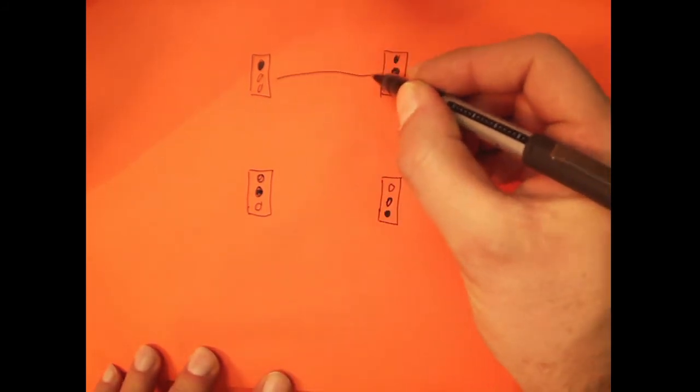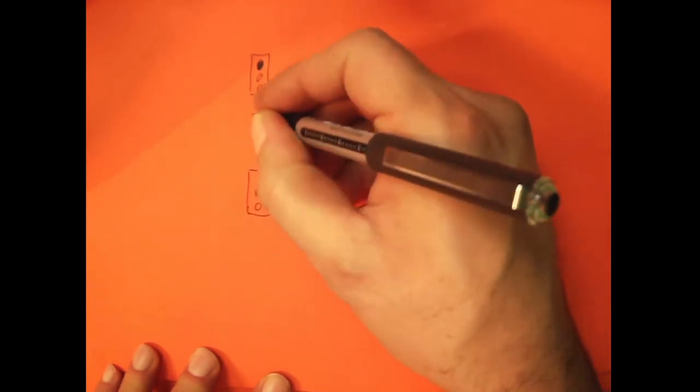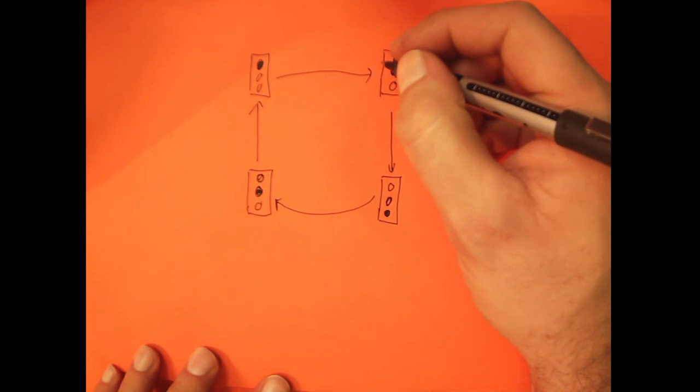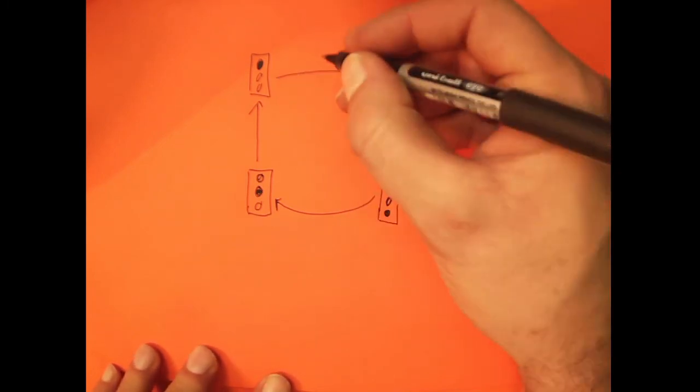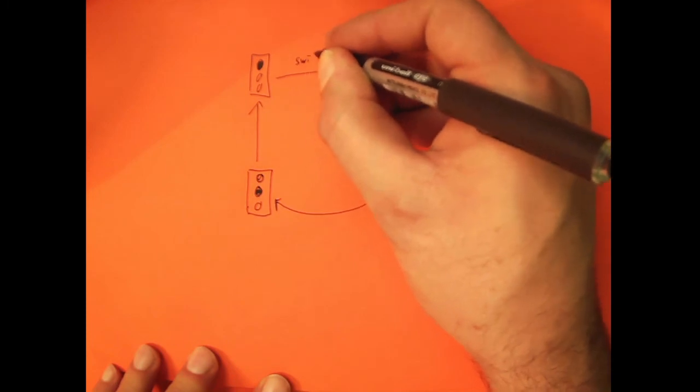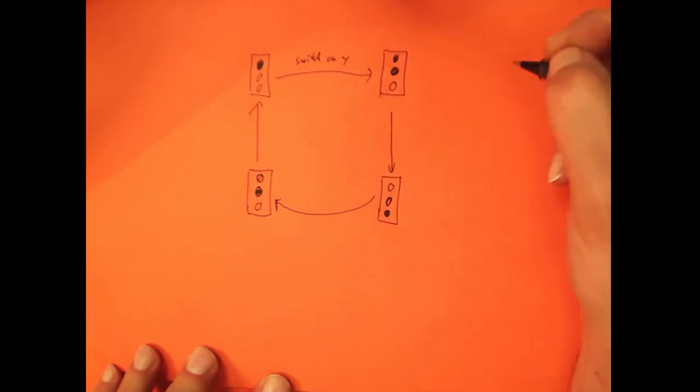And we have transition between this. Which tells us the steps. So in this case we have to switch on yellow.